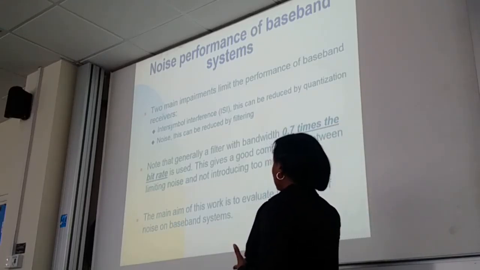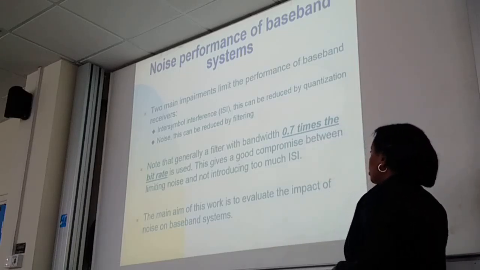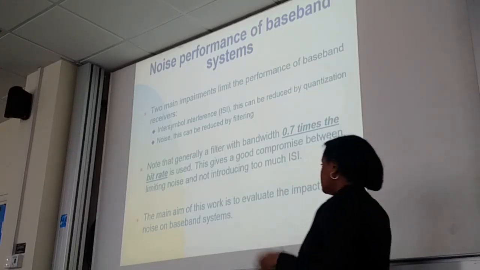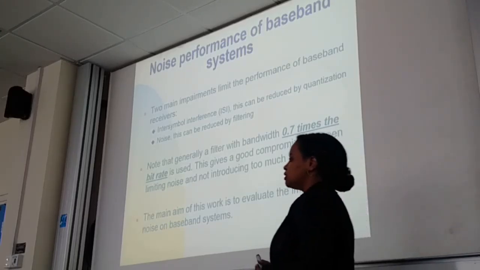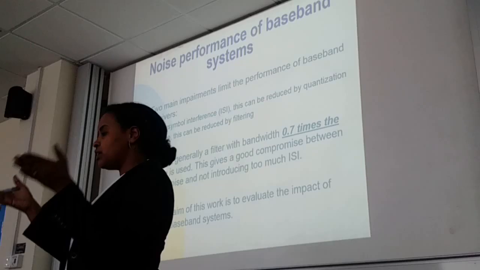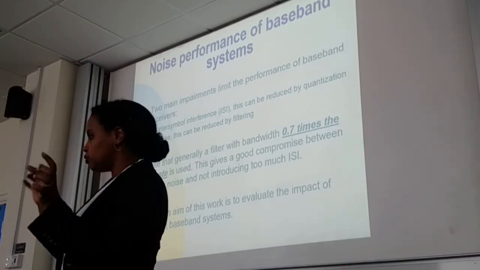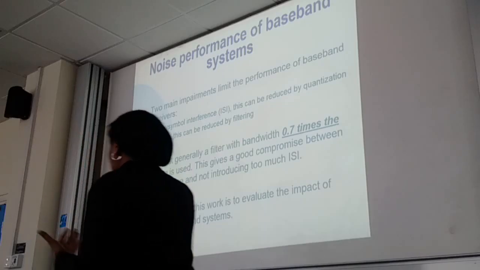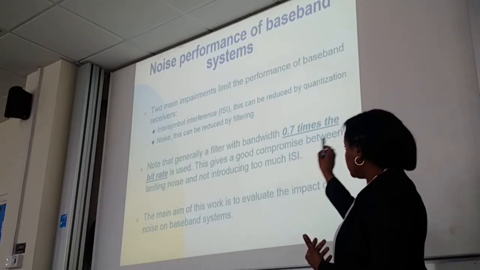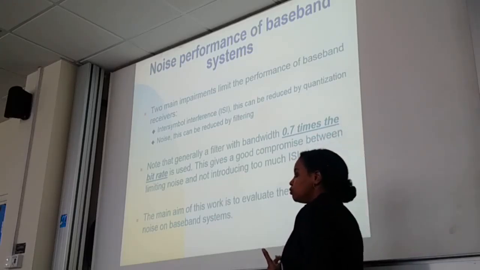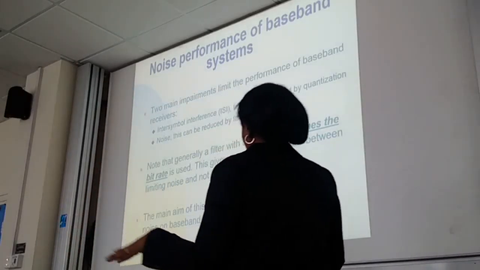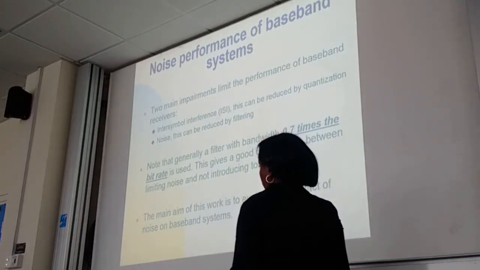It was found that a filter with a bandwidth of 0.7 of the bit rate gives a good compromise between limiting the noise and not introducing too much intersymbol interference, because when we limit the bandwidth, the symbols come closer, the interval between symbols is smaller, which increases the intersymbol interference.